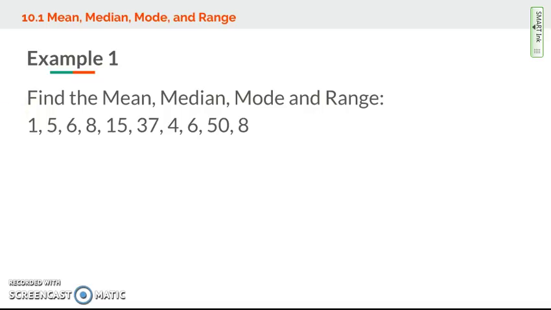Alright, so let's start with the mean. To find the mean here, you're going to add up all these numbers. Because you wrote these already, you don't need to rewrite them, but I do need to see what your answer was when you added them all together. So 1 plus 5 plus 6 plus 8 plus 15 plus 37 plus 4 plus 6 plus 50 plus 8 gives us an answer of 140.